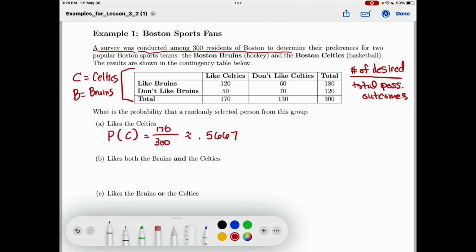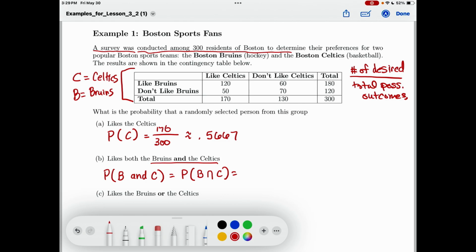Okay, part B says, what's the probability that if we randomly pick someone, they like the Bruins and the Celtics? So our notation for this would be the probability of the Bruins and the Celtics, or another way to say that using our mathematical symbols is using the upside down U, the Bruins and the Celtics.